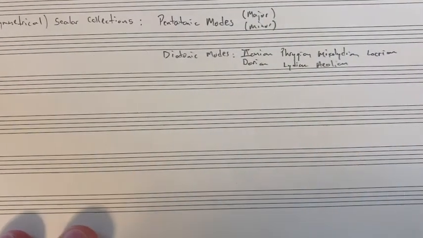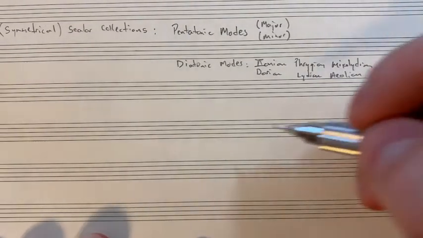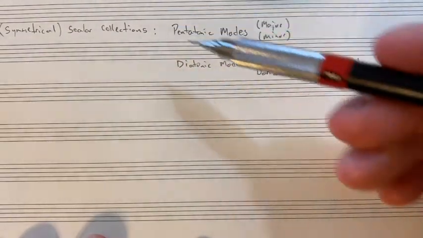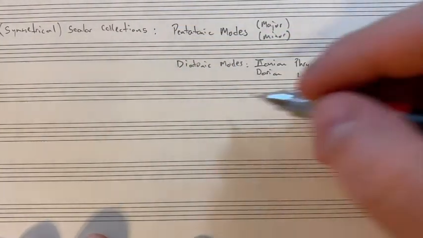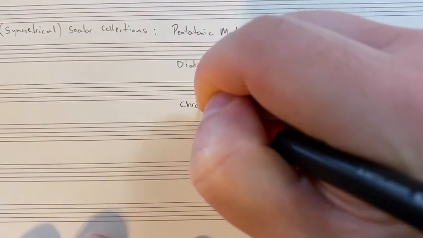We should all be familiar with those. And these are all just scalar collections. And then we get to symmetrical scalar collections. One of these is the chromatic scale.